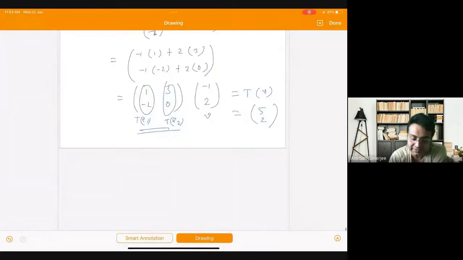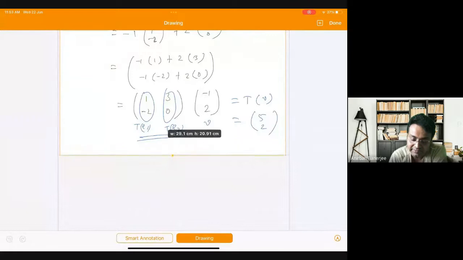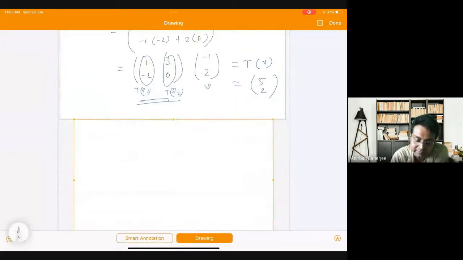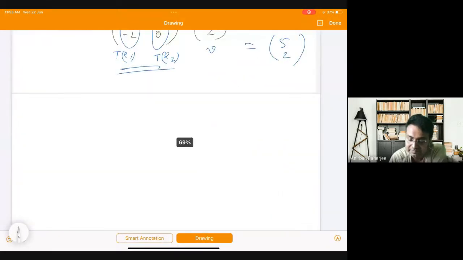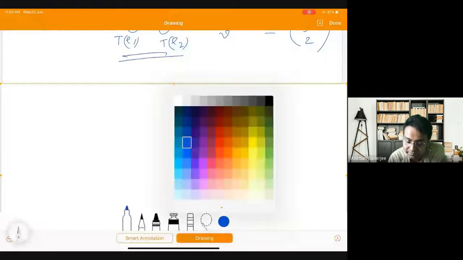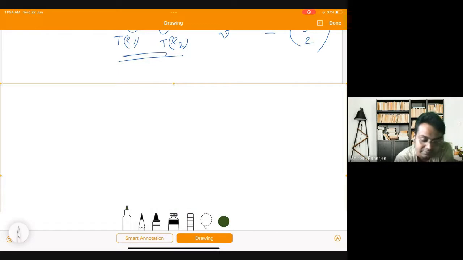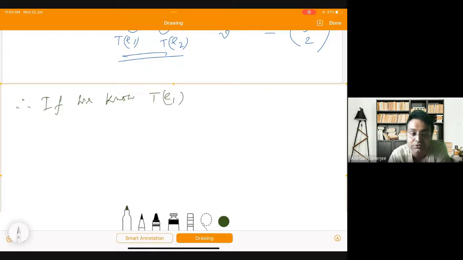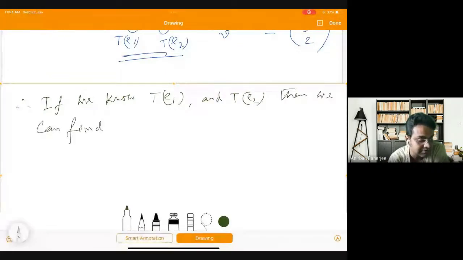Okay, I just write down. So that means if we know where E1 goes after the linear transformation, and where E2 goes after the linear transformation, that is, the new coordinates TE1 and TE2, then we can find where a vector V goes after the linear transformation.